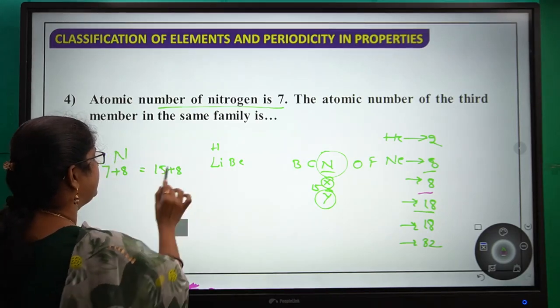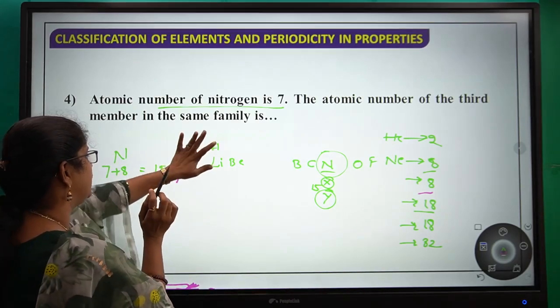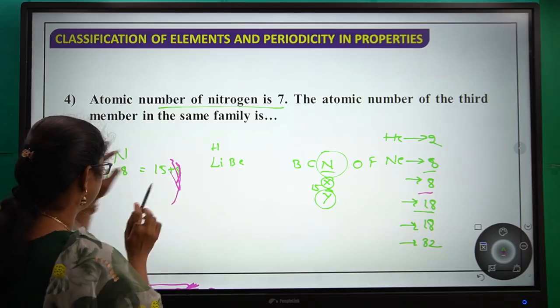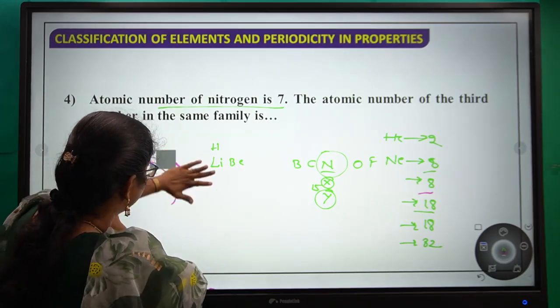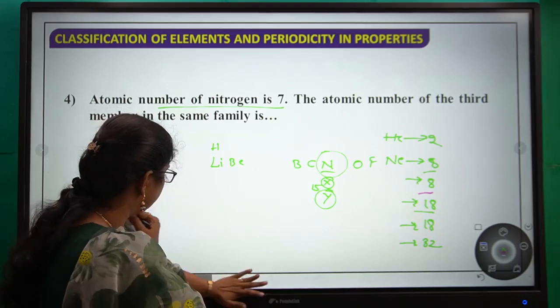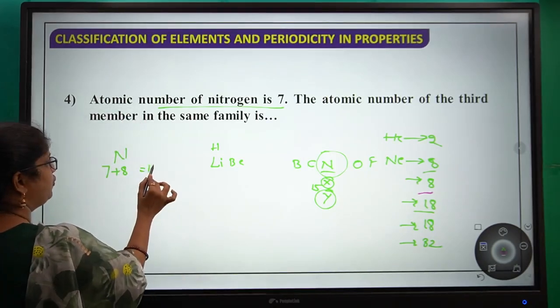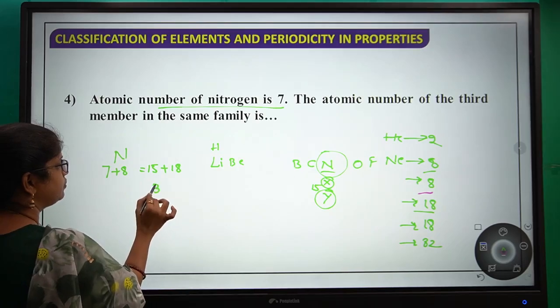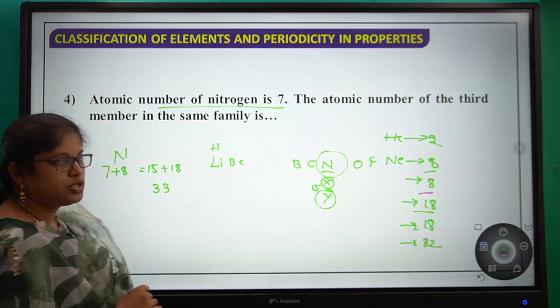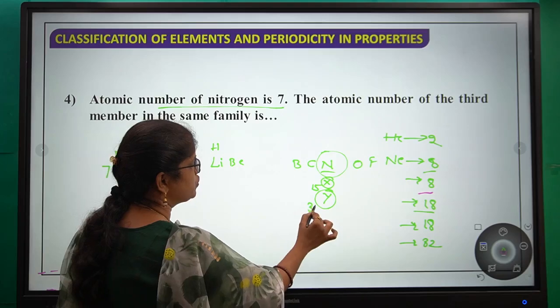So add 18 to this 15. So 15 plus 18, how much will you get? 33. So here what is the atomic number of this Y?